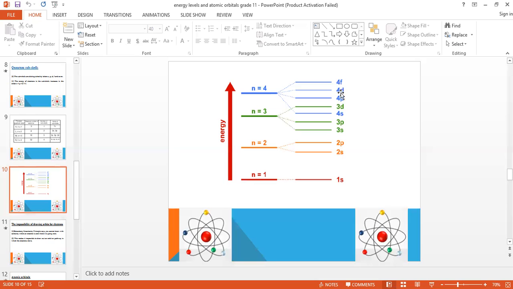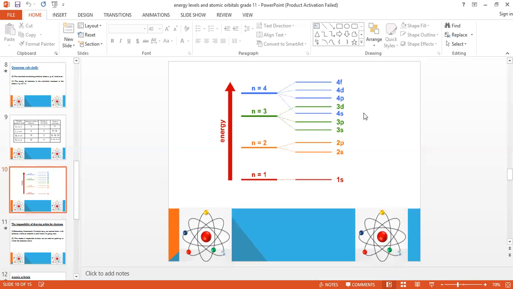Just one minute, then you will go. See, they wrote 4s before 3d. Is it 4s before 3d? Because it is from the fourth energy level, this 4s entering here. I want to explain this point: 4s has less energy as compared to 3d.